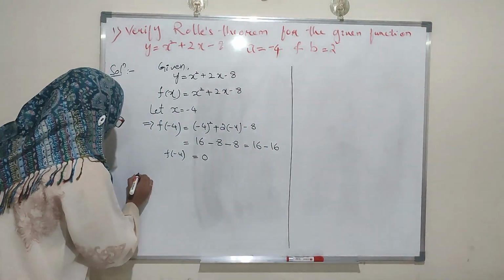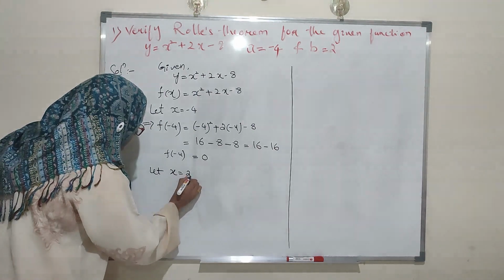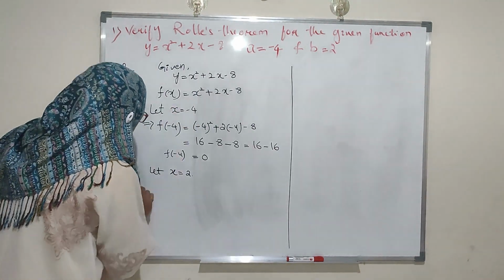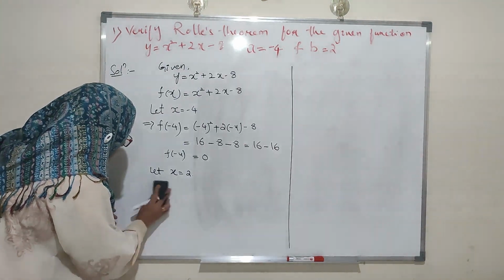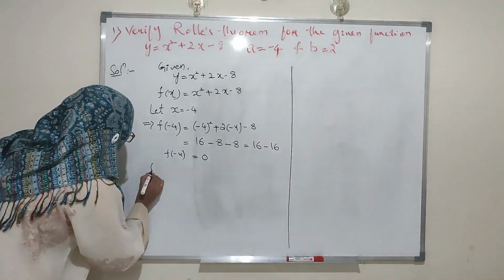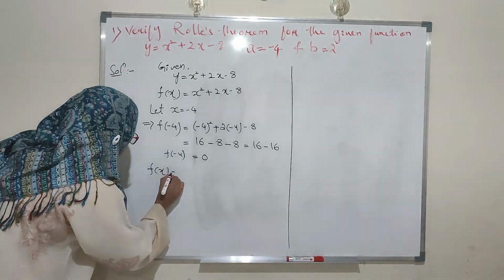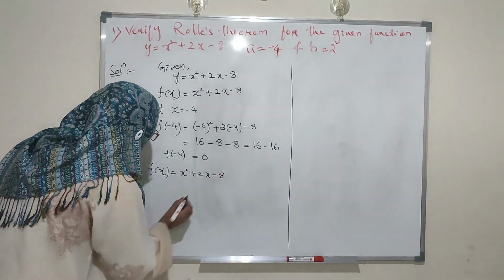Now finding f of 2. Let x equal to 2. First write f of x, don't get confused, f of x as x square plus 2x minus 8.